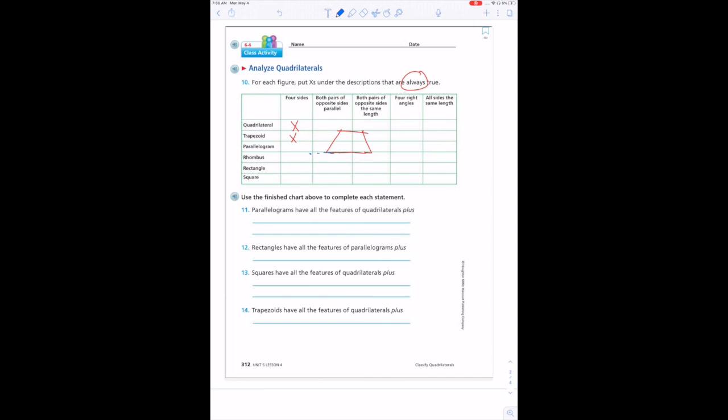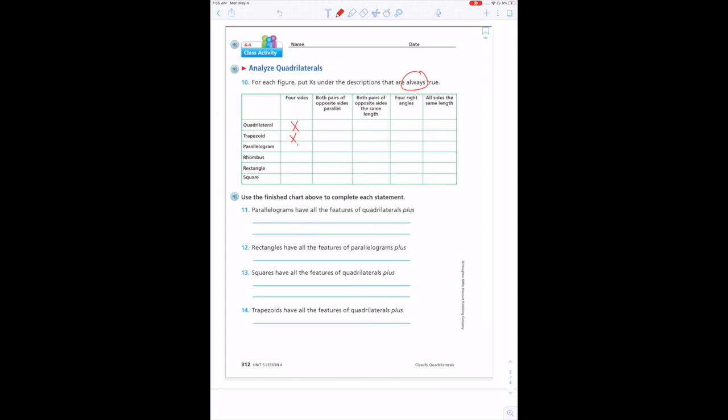Remember, in a parallelogram, I have this line and this line. That's one set of sides that are parallel, and then the other two are not. So, one side. Both pairs of opposite sides the same length? No. 4 right angles? No. All the sides the same length? Not with a trapezoid.